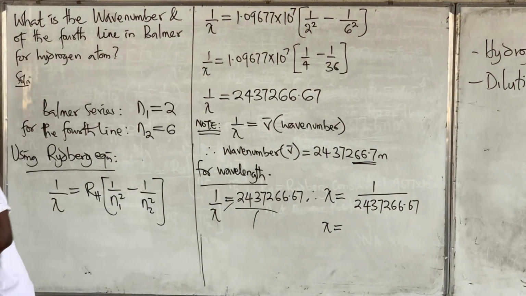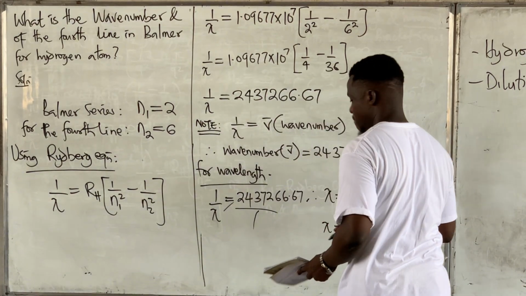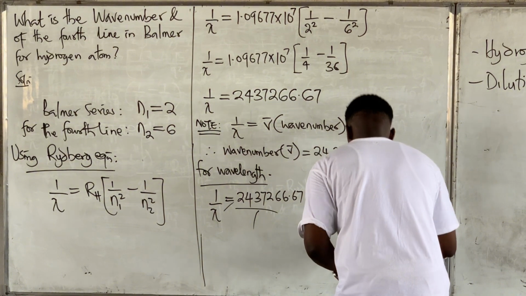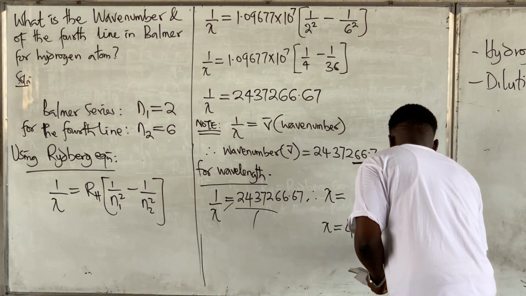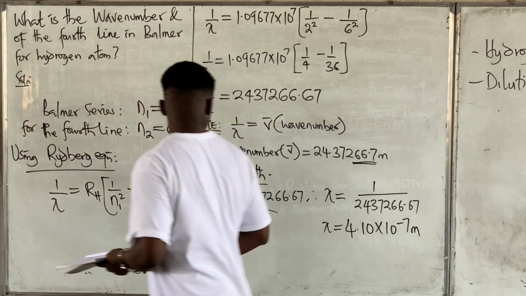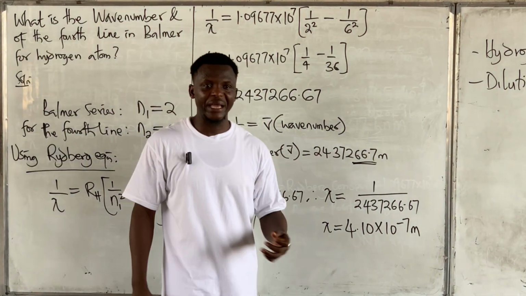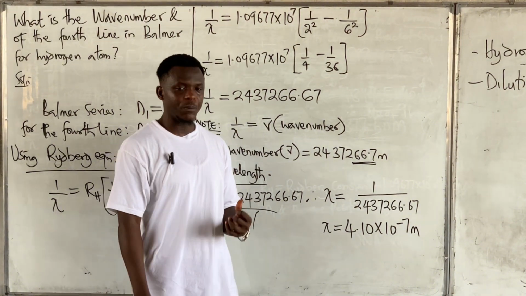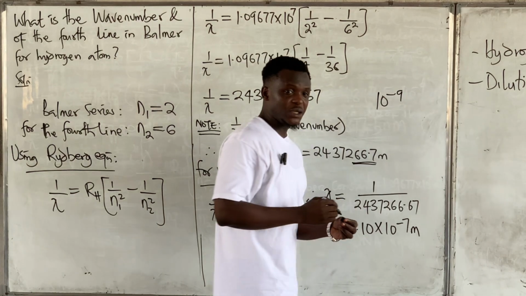Class, that will now give us 4.10 times 10 raised to the power of what? Please look up. Remember what I told us earlier, that wavelength is best represented in nanometer, isn't it? Nanometer is 10 raised to the power of -9, right?